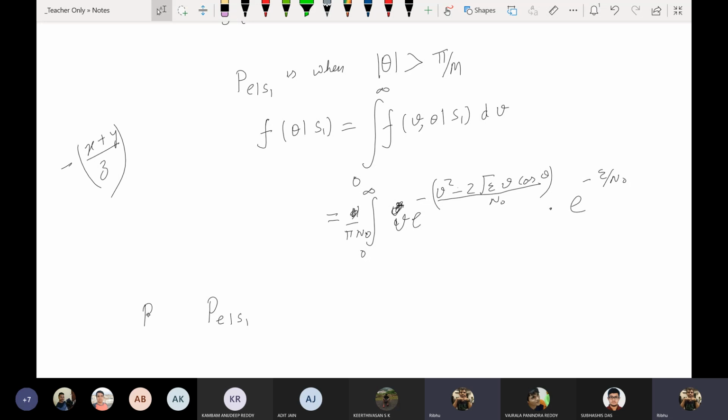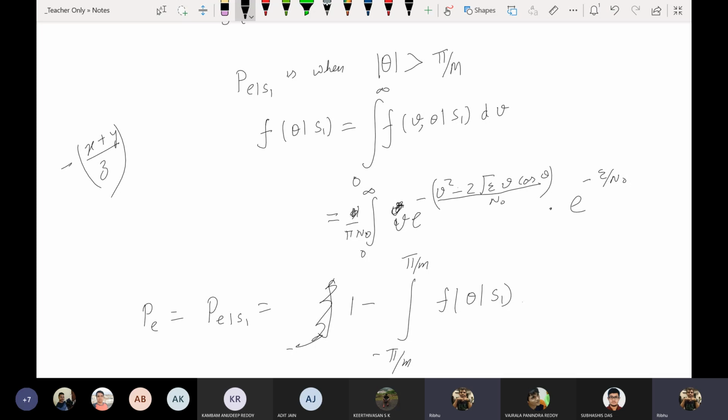And the probability of error, PE, is one minus this beast. The problem with this approach is that we need to calculate this numerically, because you can see that we cannot have a closed form of these two integrals.